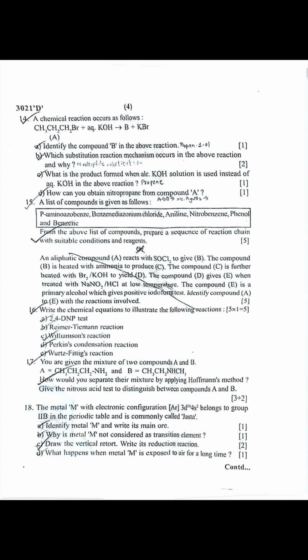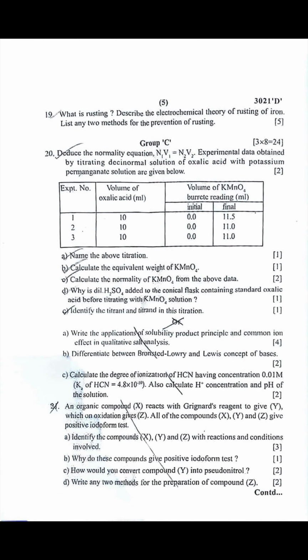C. Draw the flow sheet for its extraction and write its reduction reaction. What happens when metal M is exposed to air for a long time? Question number 19. What is rusting? Describe the electrochemical theory of rusting of iron. List any two methods for the prevention of rusting.